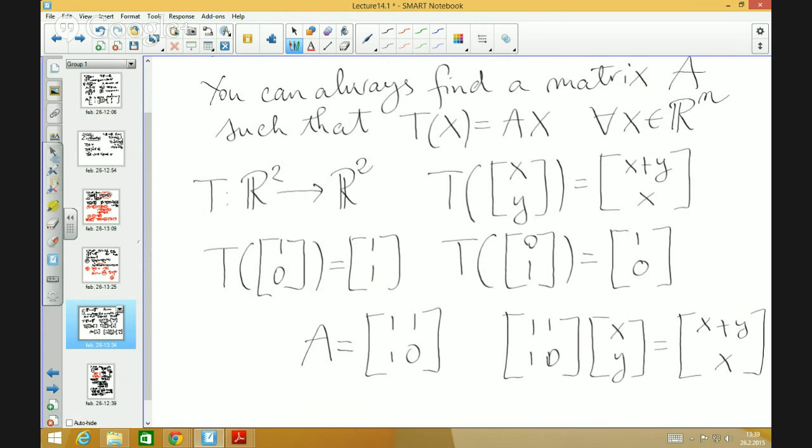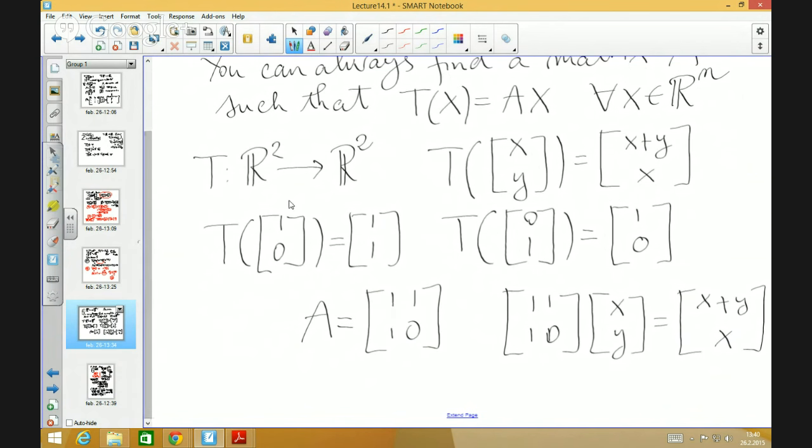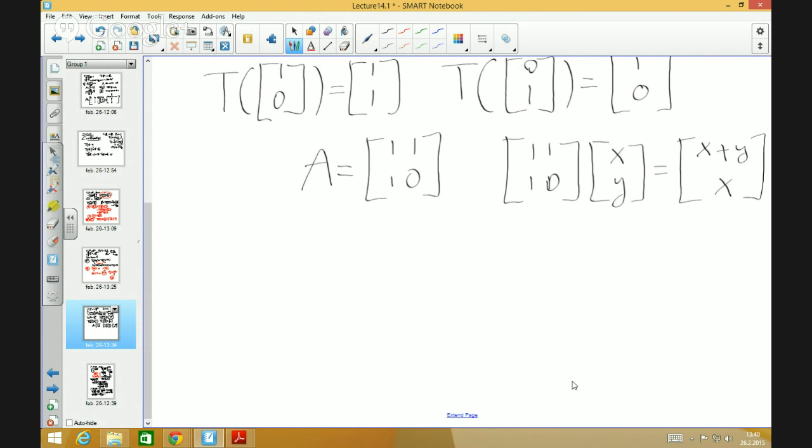So let me give you an exercise. Suppose I now give you a function, and just for the sake of variety, let's call it f instead of T, so that you don't get overly confused. And let's say that f goes from R3 to R2.